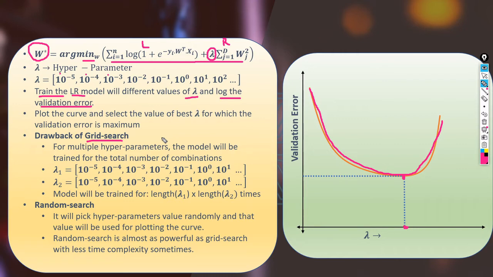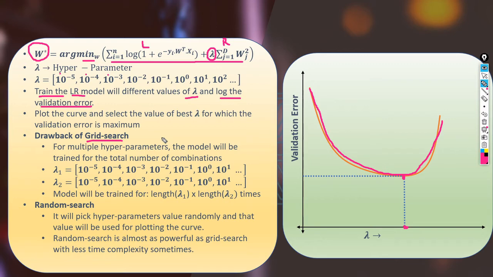You take a range of values for lambda, and for each lambda you train your logistic regression model and log the validation error. Then you plot the validation error versus lambda graph and get the best lambda out of that graph. It is as simple as that. That is called grid search. Basically you are picking points from a grid of points and training your model.